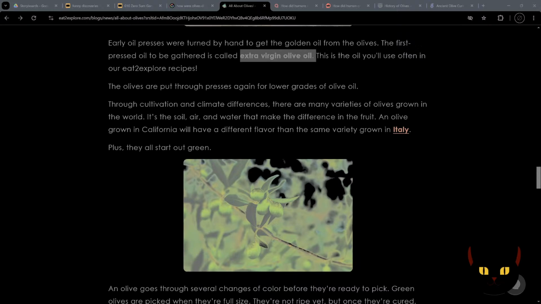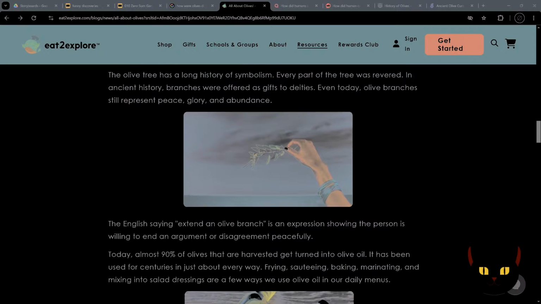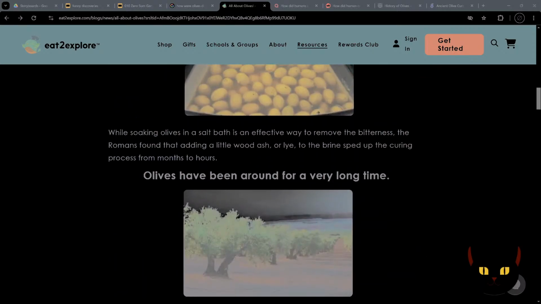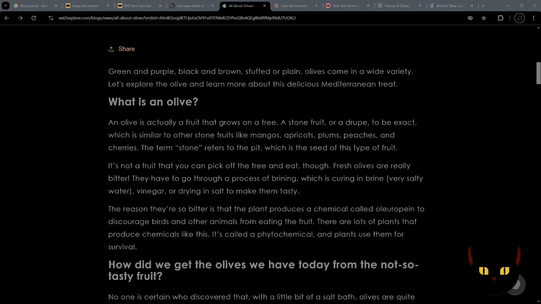It seemed like they would have been on the path, because earlier they said that the oldest olives they found were in Egypt, and it seems like they spread to Greece and Italy after that.